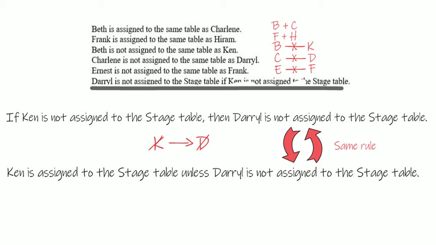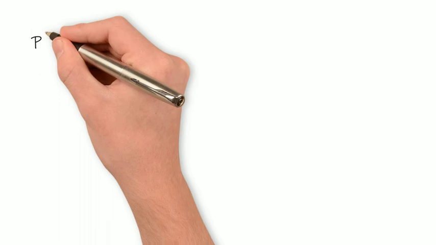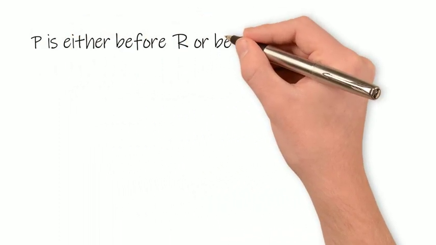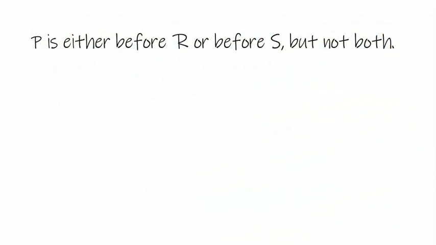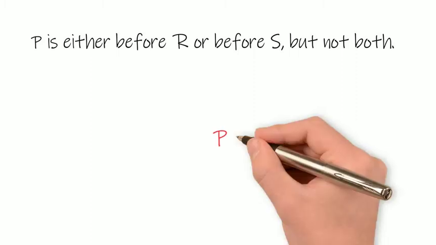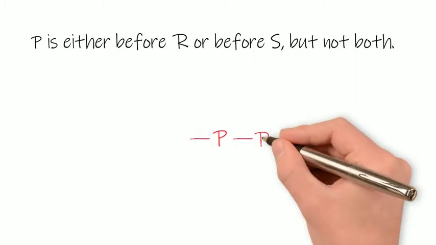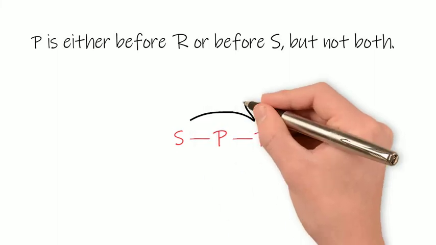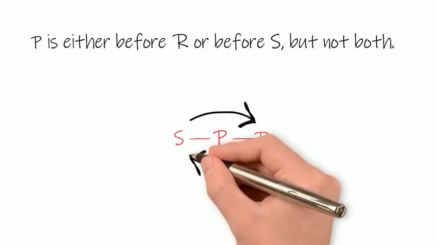Other times, the test is going to phrase rules in absolutely the most confusing way possible, even though the meaning of the rule is straightforward and simple. So for example, we might have a rule that says P is either before R or before S, but not both. And it looks confusing, and it's written in a confusing way. But the meaning is pretty obvious. P has to always be between both R and S, but it doesn't matter what order R and S are in.